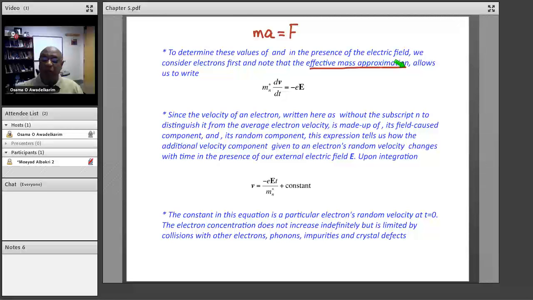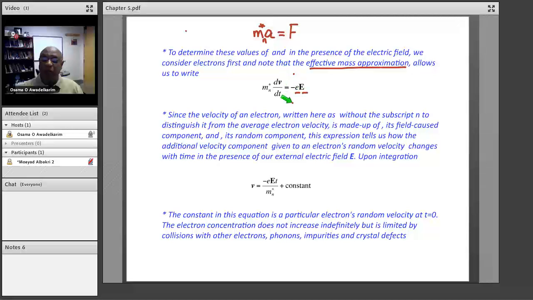If we use the effective mass approximation for electrons in a crystal, then we have to use m star n, which is the effective mass for an electron. So the effective mass of the electron times the acceleration of the electron equals the force applied on the electron. What's the force? The force is the charge times the electric field.